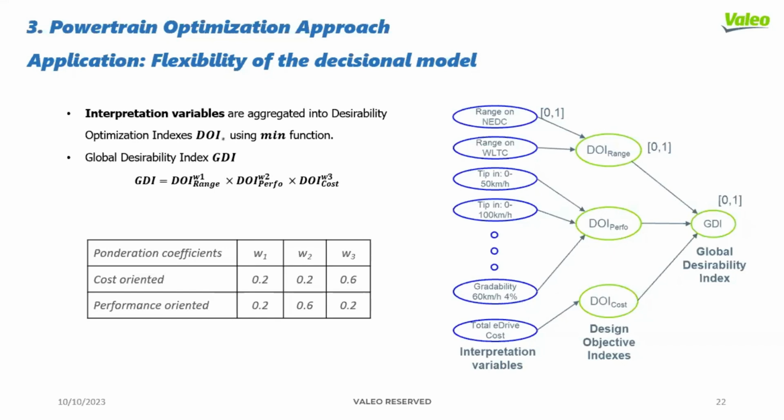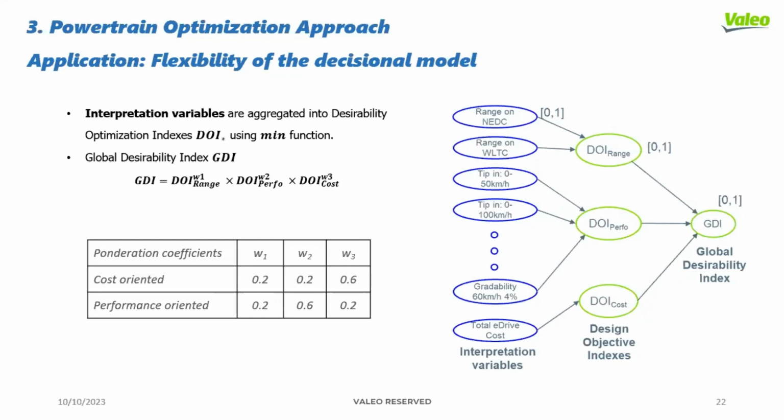So now, the interpretation variables were aggregated into desirability optimization indexes, DOE. Here I explain. We've taken all the objectives that are of the same nature. You can see here, we have the range, we have performance, and we aggregated them into 3 desirability optimization indexes, so that we can have a closer look at the performance of each type of objective.